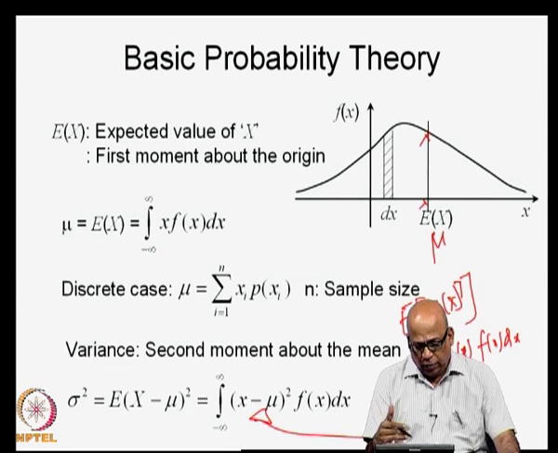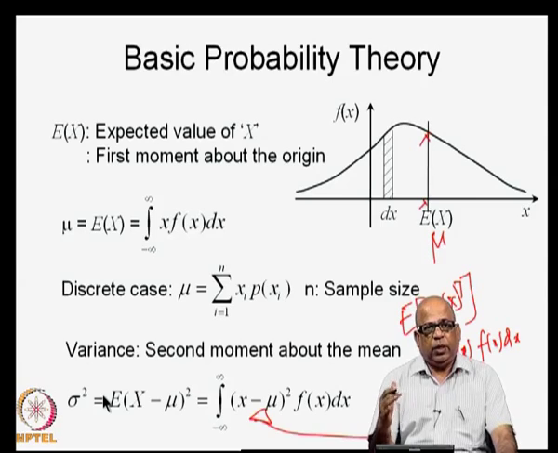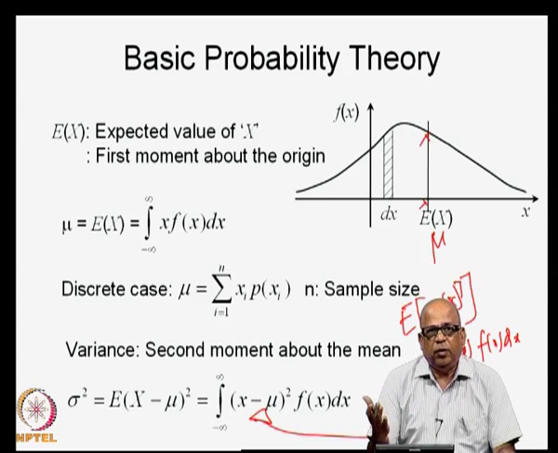Now, these are called the population moments, but typically what you will have is a sample of observed values. The population is the set of all possible values of the random variable. For example, you may have a thick book consisting of 1000 pages, let us say, and you are interested in picking up certain pages randomly.